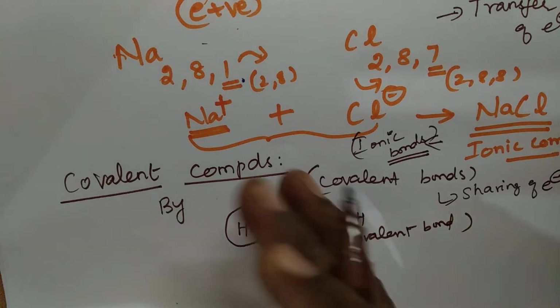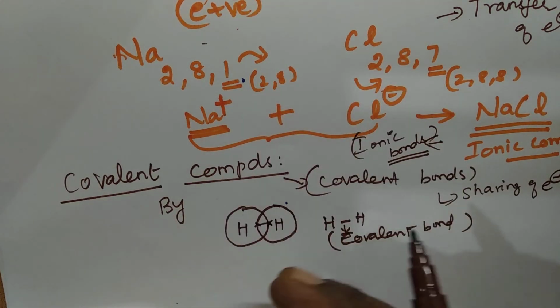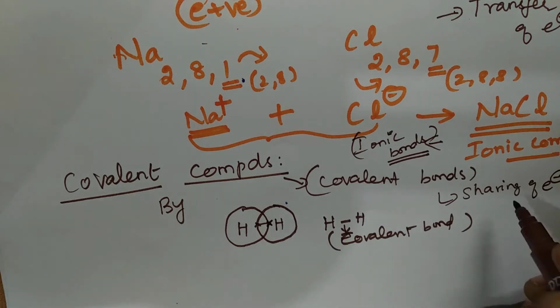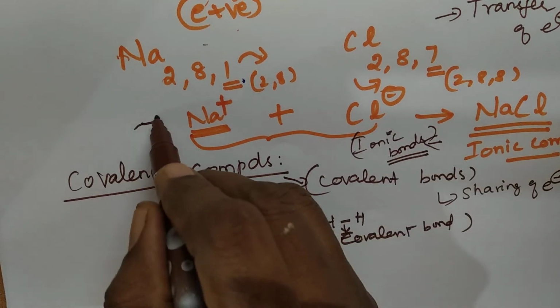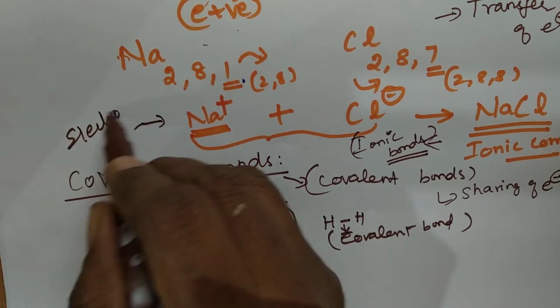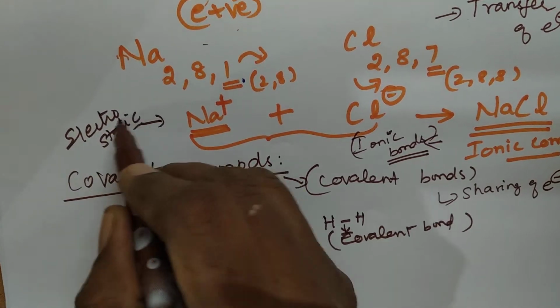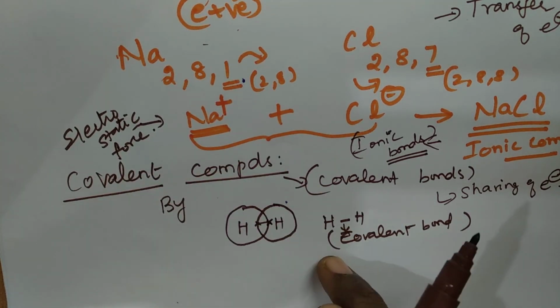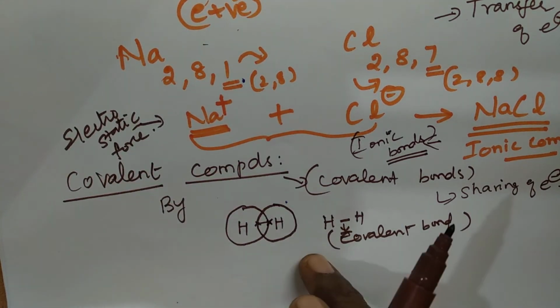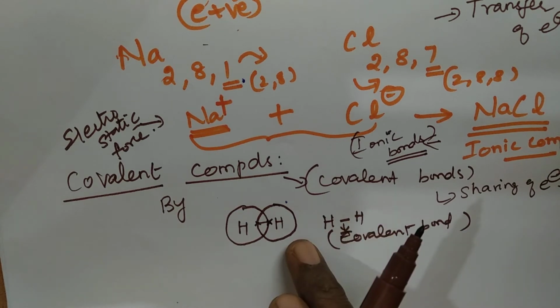So the differences are these: in ionic compounds, the formation is due to ions, and there is an electrostatic force. That electrostatic force is not there in covalent compounds; they have other forces that we will learn in higher classes.